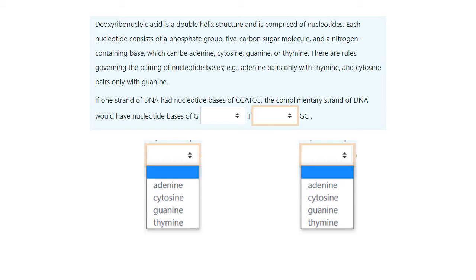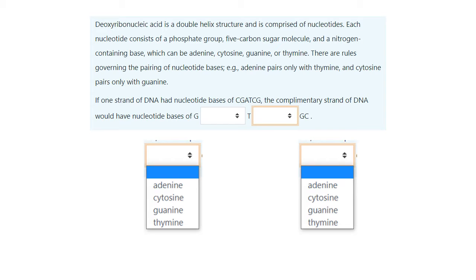Now, deoxyribonucleic acid is a double helix structure and is comprised of nucleotides. You might remember these from class, the A, C, G, and T. Each nucleotide consists of a phosphate group, 5-carbon sugar molecule, and a nitrogen-containing base, which can be adenine, cytosine, guanine, or thymine. There are rules governing the pairs of nucleotide bases.